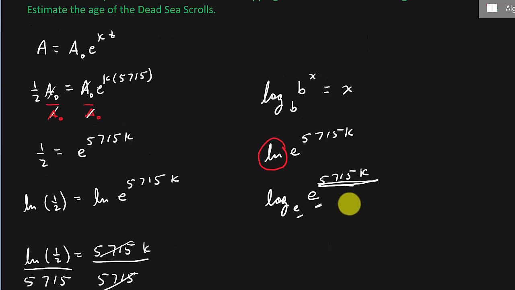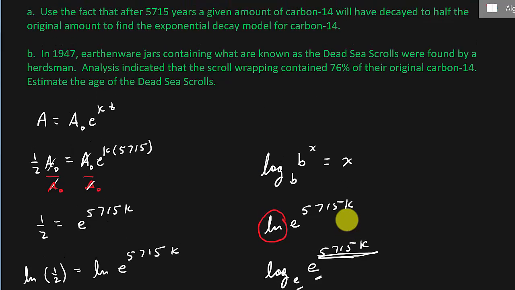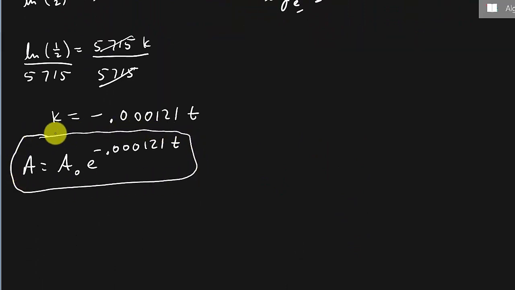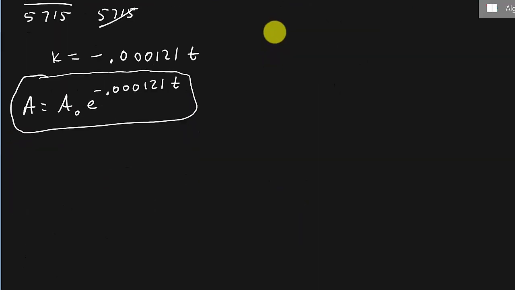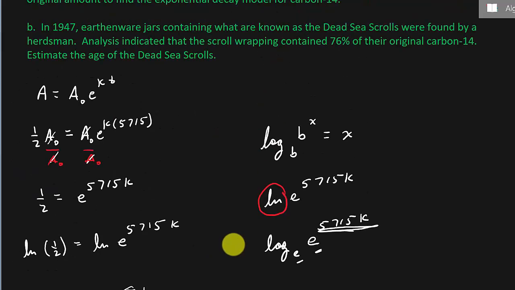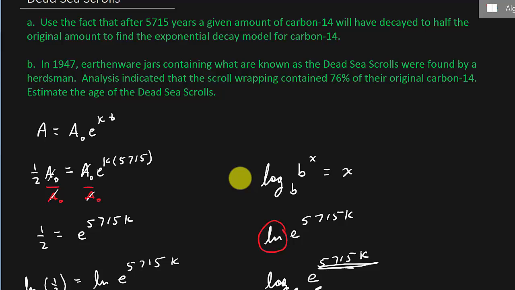Let's read what part B says. This is your answer to part A right here. Now let's start part B. In 1947, earthenware jars containing what are known as the Dead Sea Scrolls were found by a herdsman.